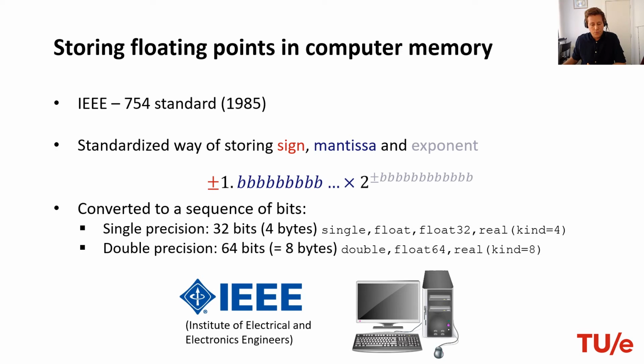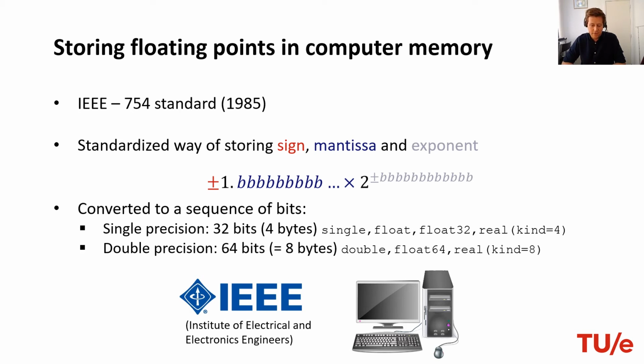Now there are two main standards within this IEEE standard. There are two main types of floating point numbers and how they're stored, and those are what's called single precision and double precision. Within single precision, we use a total of 32 bits in computer memory to store our floating point binary number. With double precision, we use 64 bits.